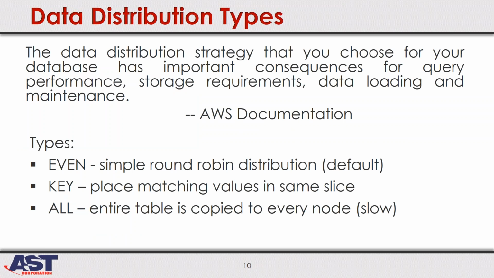Coming to the key distribution type, for example, let's take two tables, where a date column in one table is equal to the date dimension column in the other table, so we have a matching value.